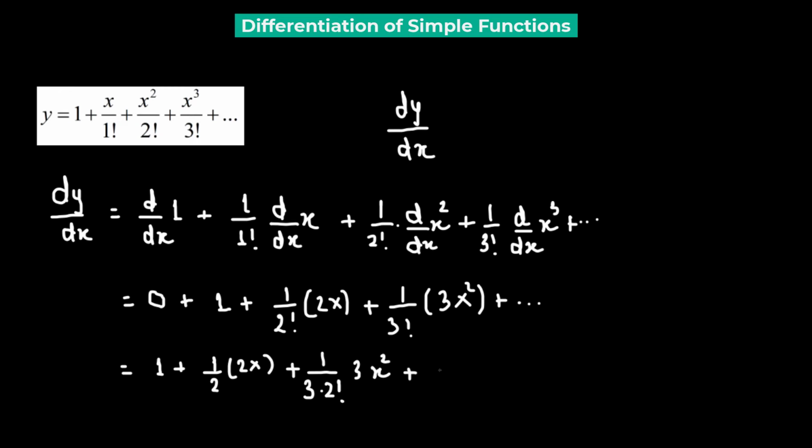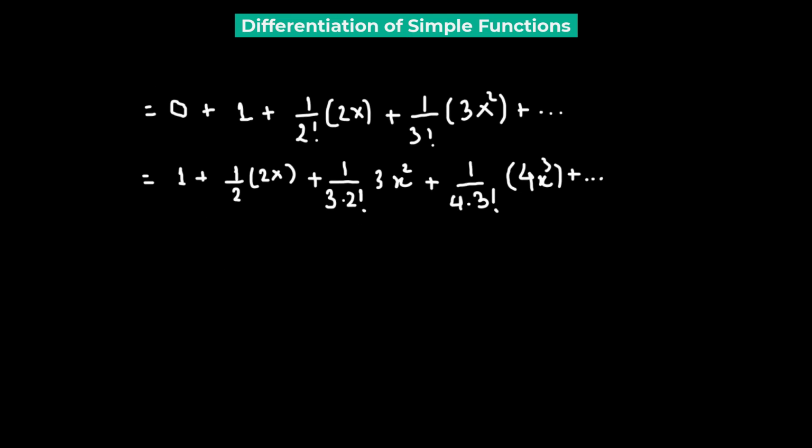And let me write down the fourth term as well. So this is going to be 1 over 4 factorial. So 4 factorial is 4 times 3 factorial, and we'll have 4x cubed plus the remaining terms. So that is going to give us 1 plus x.